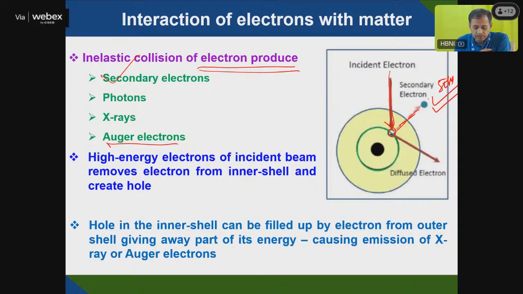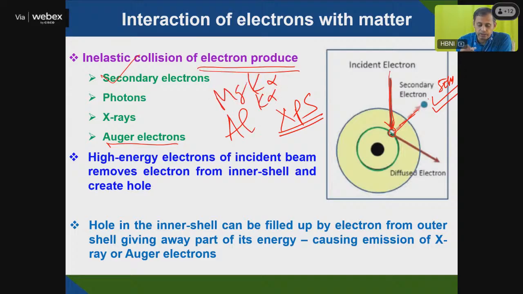So the high energy electron of the incident beam removes electron energy. If you see X-ray photoelectron spectroscopy, we use aluminum K alpha or magnesium K alpha, which are high energy sources. So it moves out X-ray photoelectrons or Auger electrons in that case.